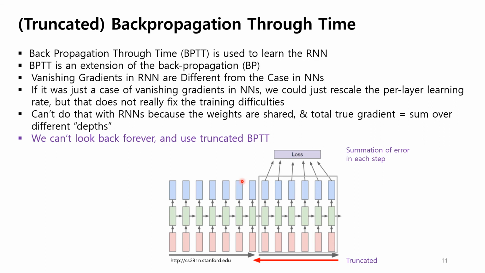Just like we have the vanishing gradient problem in a neural net, it's exactly the same problem. So we need to do something to solve this problem, right? That is why we came up with new methods called LSTM and GRU, which will be explained later.